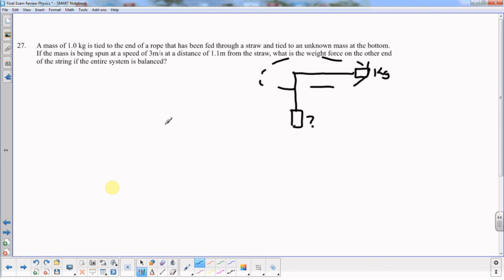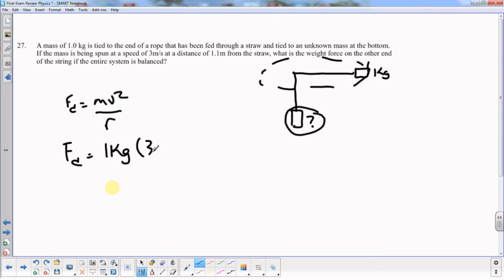So we know FC, which in this case is actually supplied by this guy, equals mv squared over R. So FC equals, the mass is 1 kilogram, V squared, 3 meters per second, squared over 1.1.